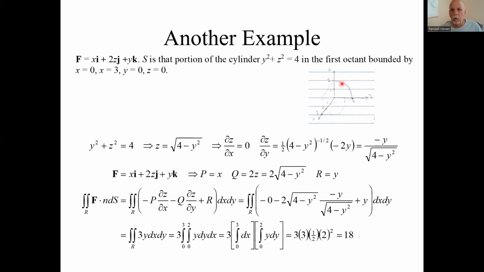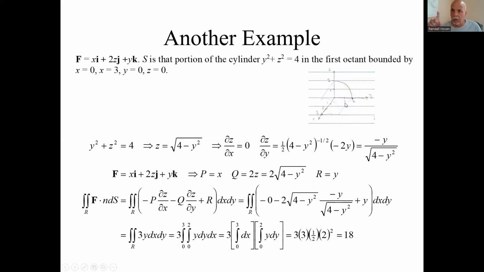Where it goes through the YZ plane, it's a circle of radius 2. It hits z at 2, it hits y at 2, and it goes along the x-axis. It's in the first octant, so everything is positive. It says x goes out to 3. So here is the surface, sort of a quarter barrel up here.